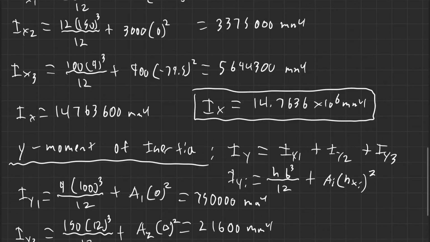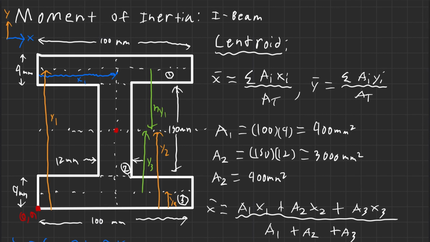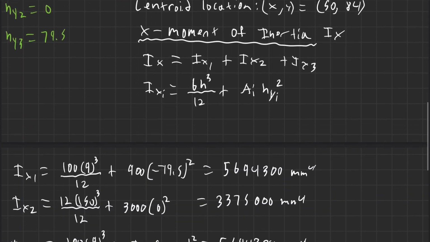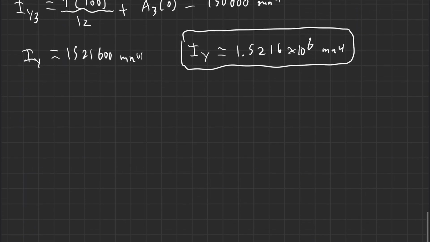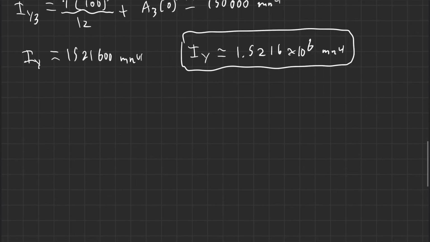Now the last thing to do is calculate the product of inertia. And because this shape is symmetric, I know from experience that the product of inertia is going to be 0. But I'll take you through how to calculate it so you know for other shapes, or if your I-beam is unsymmetrical, so you can figure it out.